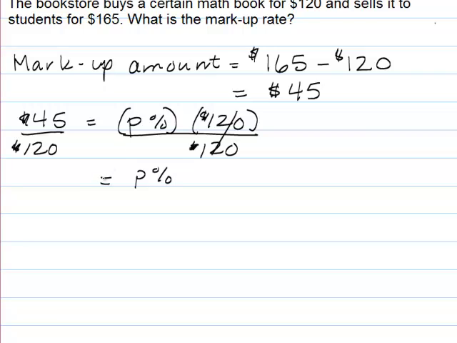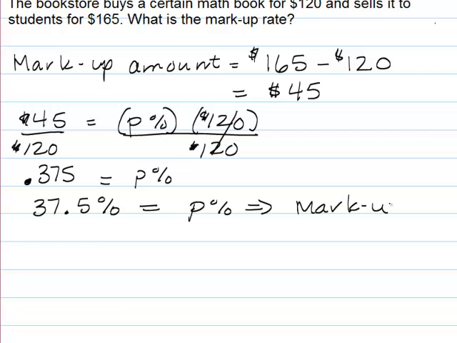And that would equal, we take 45 and we divide it by 120 and we get 0.375. But this is a decimal and we really want this as a percent rate, so we're going to multiply this by 100% and we end up with 37.5% is the percent rate markup. So we call this the markup rate. So the store is marking up the book 37.5%.